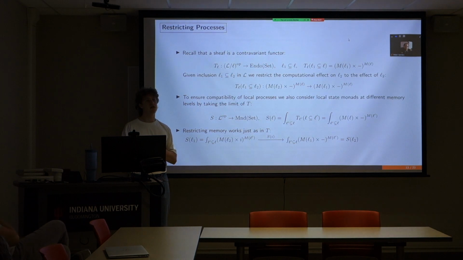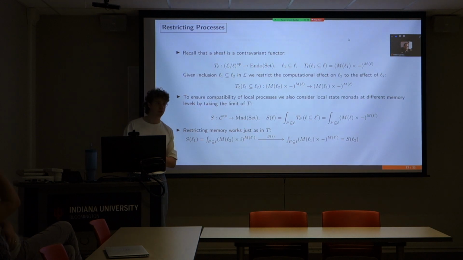restricting the memory at the input of the map, and a way of restricting the memory at the output of the map. And why do we want to do this? Well, we now have two ways of restricting memory. One way, if you restrict the first index, then we also restrict the programmatic effect.